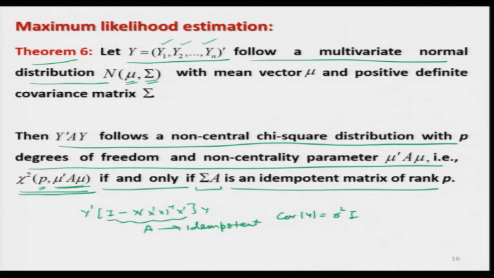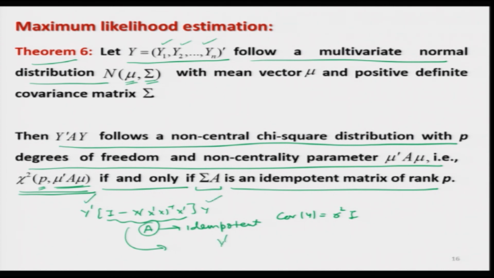So, you will see that we are going to use this result, and in this case we can see here that this matrix, which is idempotent, is being used to construct this quadratic form of the form y transpose A y.